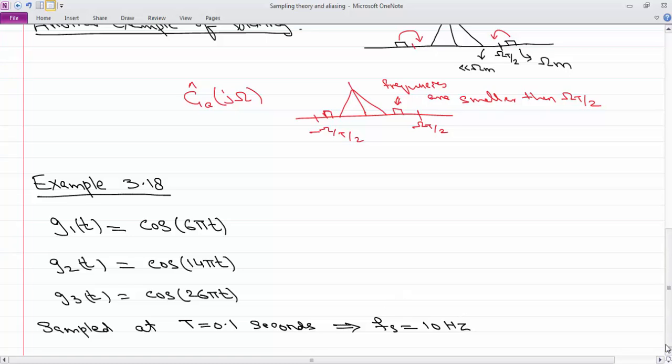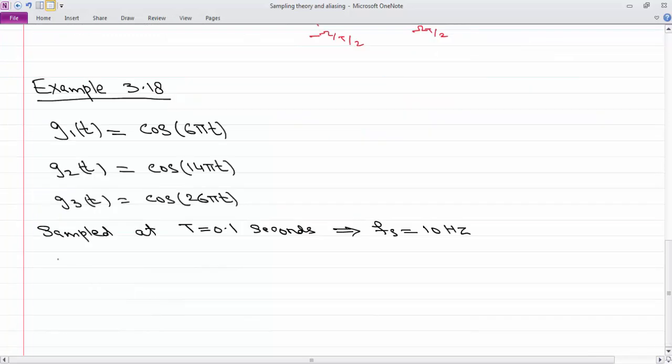So among these three signals, if we sample them and compute g1[n], g2[n], and g3[n], we sample all three frequencies with a sampling frequency of 10 Hertz. Which of these sinusoids will be perfectly preserved and which one will undergo aliasing?